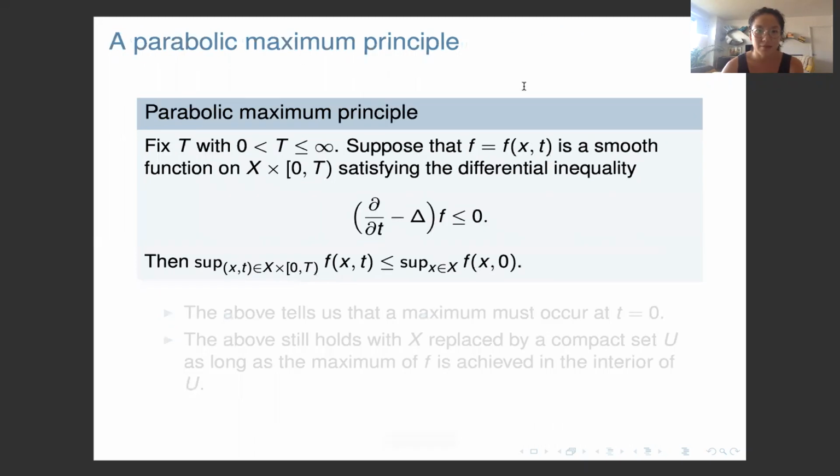Okay, so now I'm going to talk briefly about a simple concept, the parabolic maximum principle, which will come up multiple times later in this talk and in part 2.